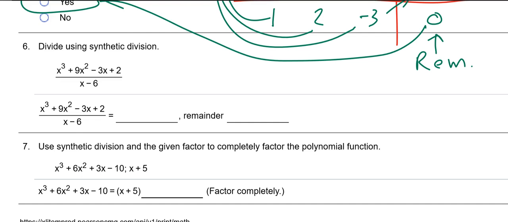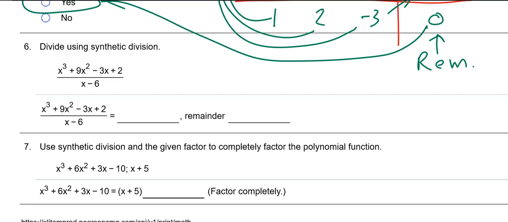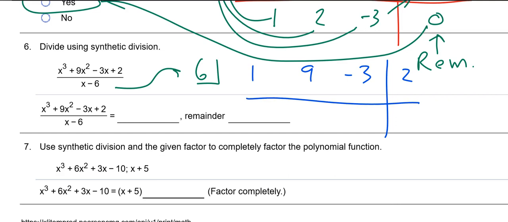So we're doing more practice with synthetic division here, just because you guys got to get the hang of it. We've got a 6 that goes in the box. Coefficients are 1, 9, negative 3, 2. Once again, I didn't leave myself enough room. 1, multiply, add.